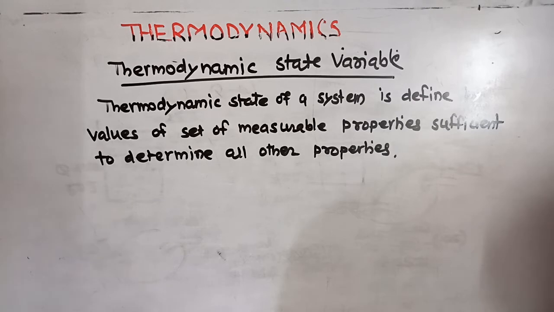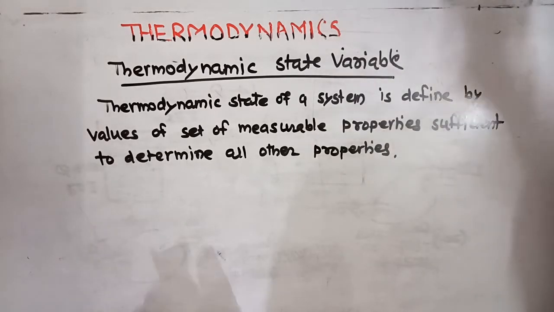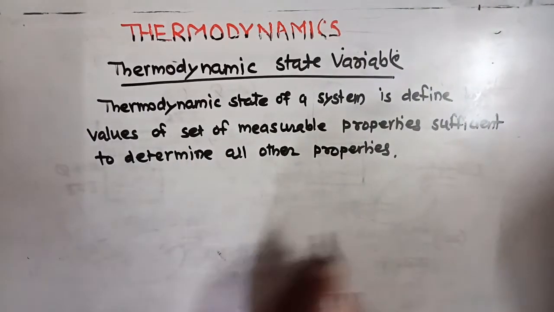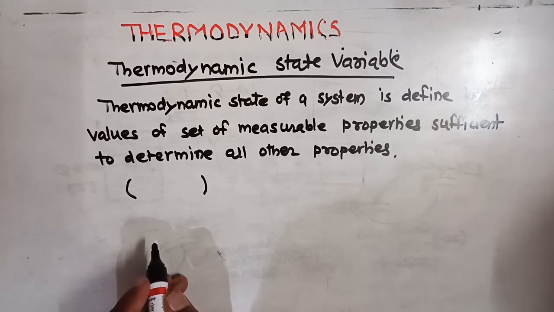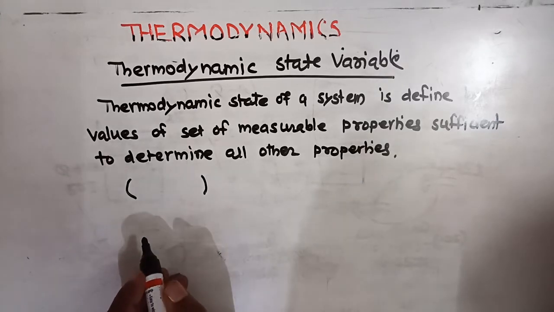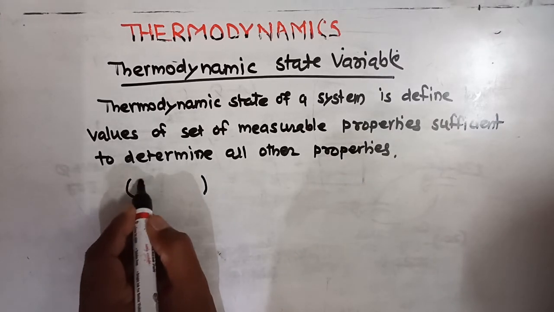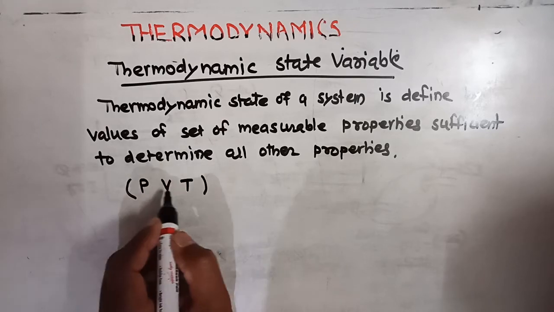Okay, this is the definition of the thermodynamic state of a system. It is defined by values of a set of measurable properties. There is not a single measurable property, but a set of measurable properties. Suppose pressure, volume, temperature.